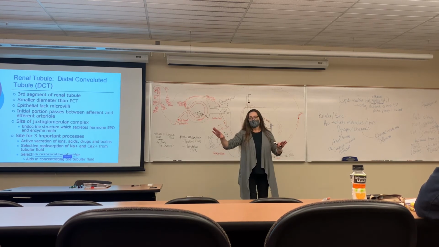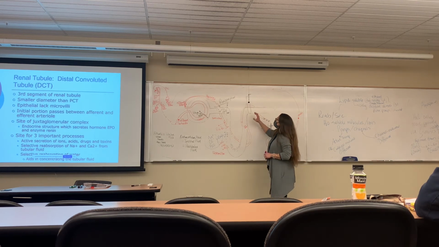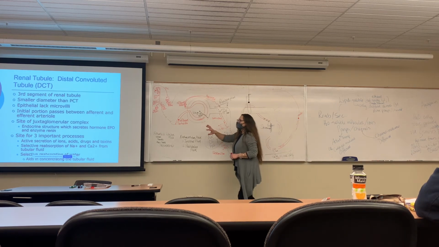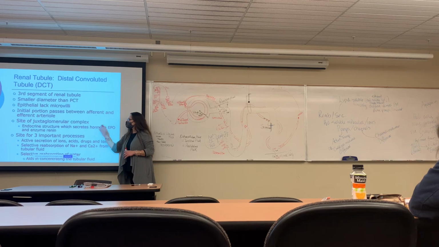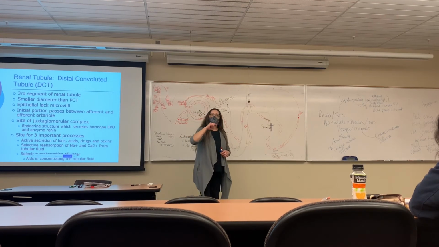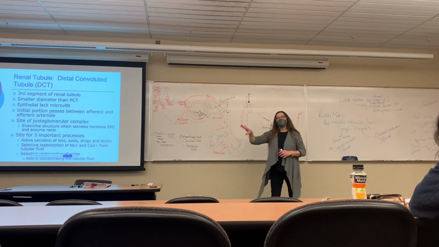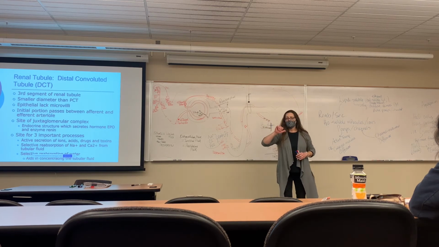They're two different things. The juxtaglomerular complex is a group of cells right by the DCT, and in this group of cells, there are some endocrine cells that produce EPO. We talked about EPO earlier in the quarter when we talked about blood. There are also a group of cells in this complex that produce TPO. We talked about that at the beginning of the quarter.